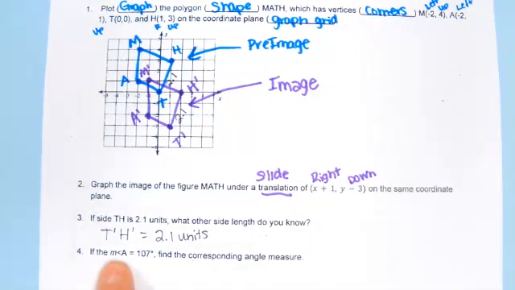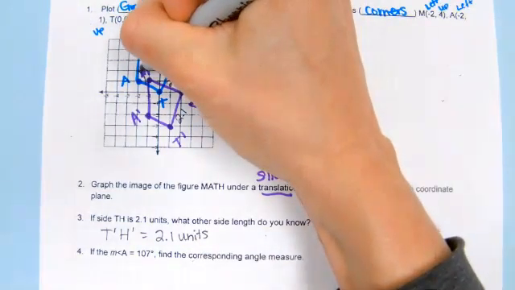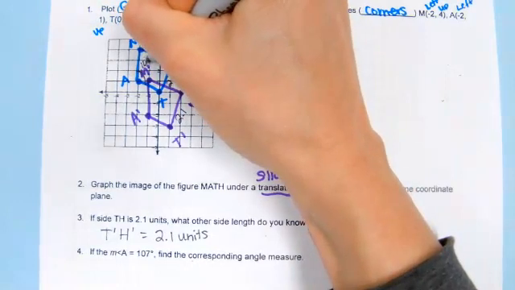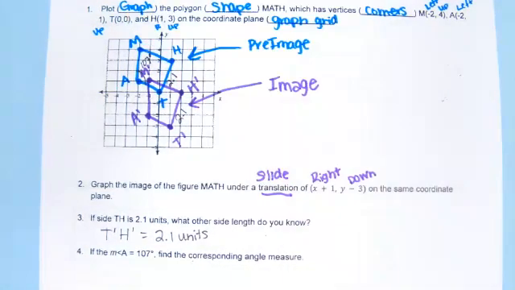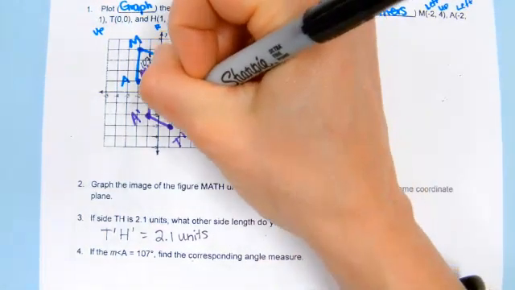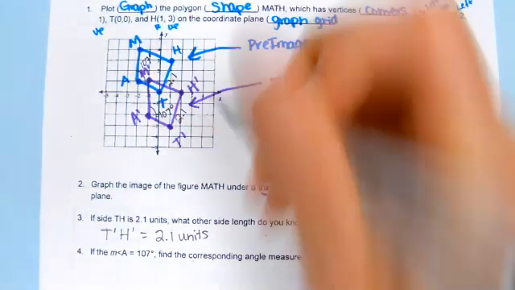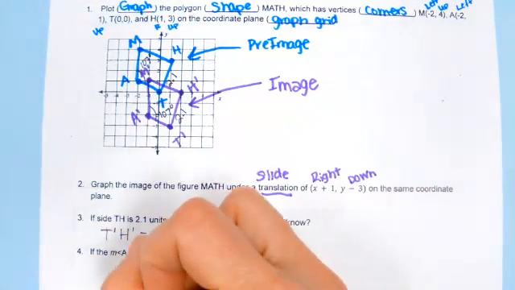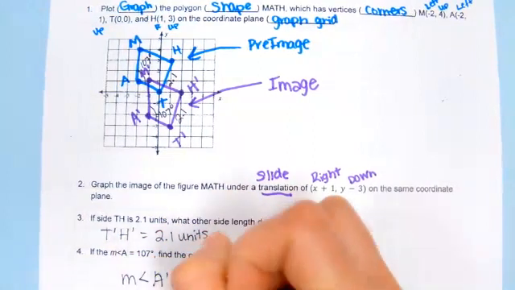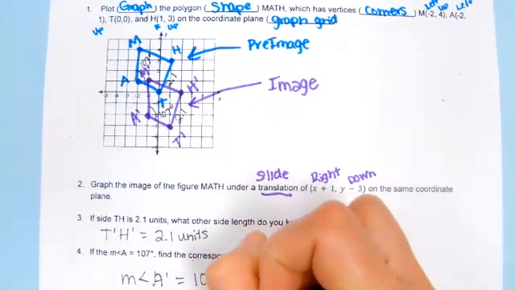All right, if the measure of angle A, that's what that says, is 107 degrees, so up here, this angle A is 107, that guy right there, that means A prime that matches it is also 107. We know that one. That means the measure of angle A prime is also equal to 107 degrees.